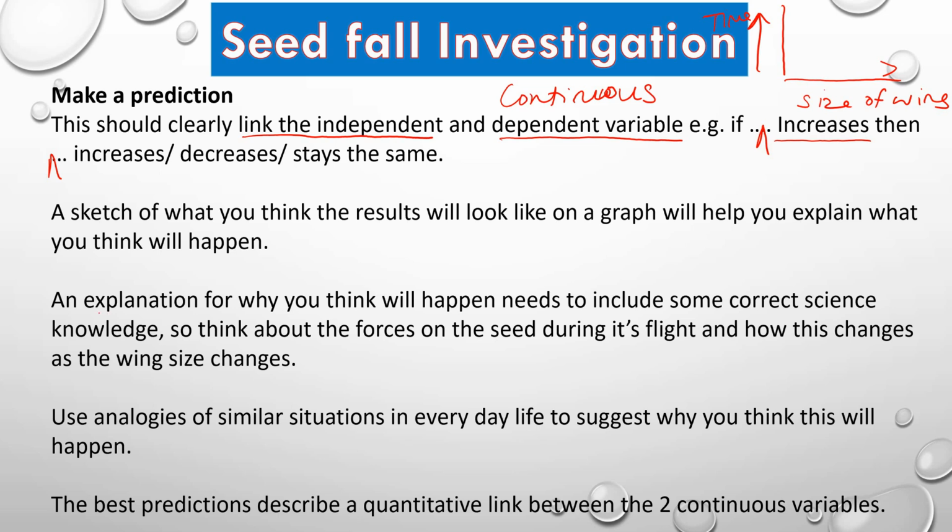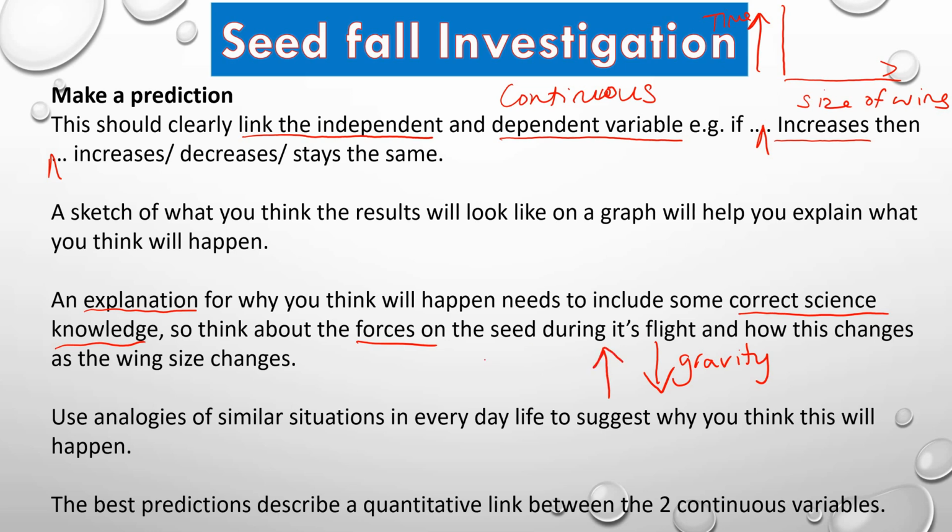Now, your prediction also needs an explanation for higher levels. You should include some correct science knowledge, okay? So think about the forces on the seed during its flight. So as it's falling down, what force is bringing it down to Earth? And as it's coming down, what force is slowing it down, okay?